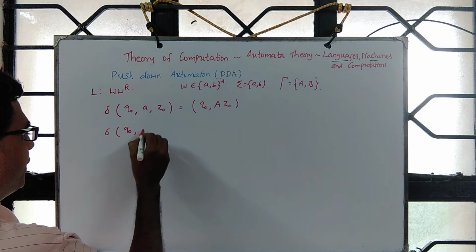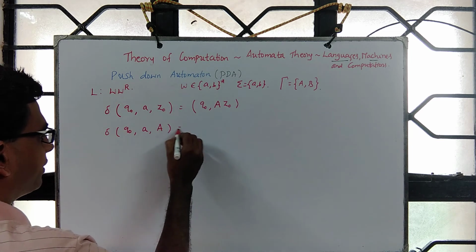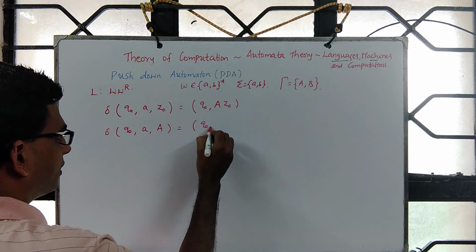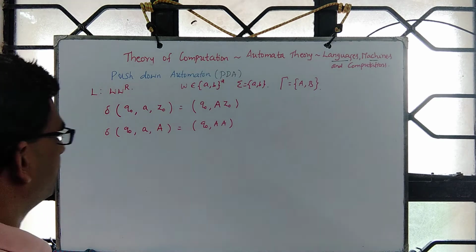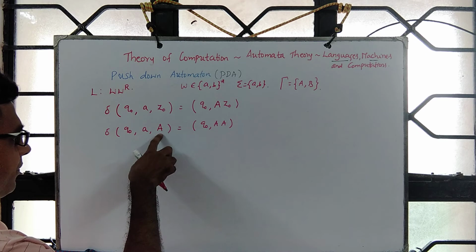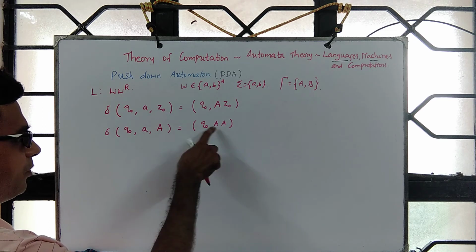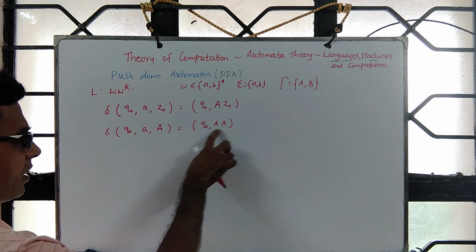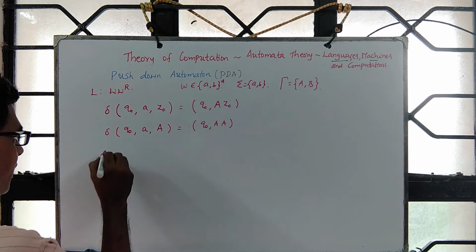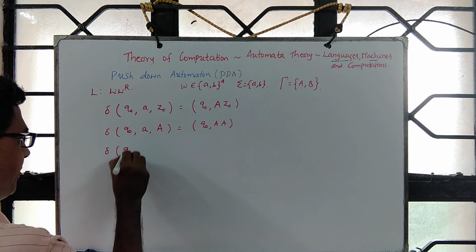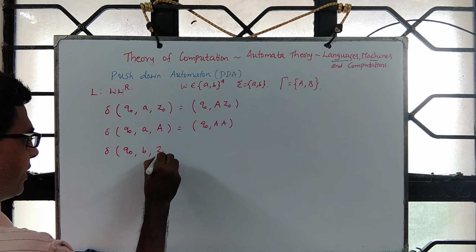Now Q0, comma, A, comma, we read some more A's, that also we push. So the top symbol is A, and we are currently reading a symbol A. For this symbol we push one capital A. So the top two symbols on the stack are A and A. Now we may read a B. So Q naught comma B comma Z naught.